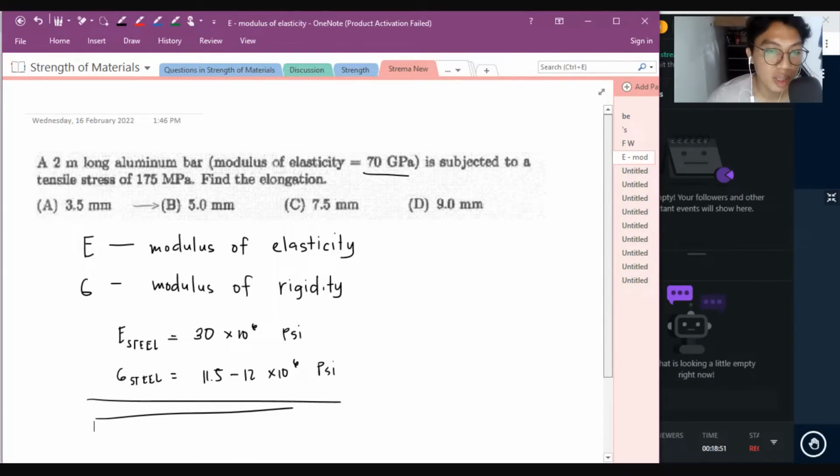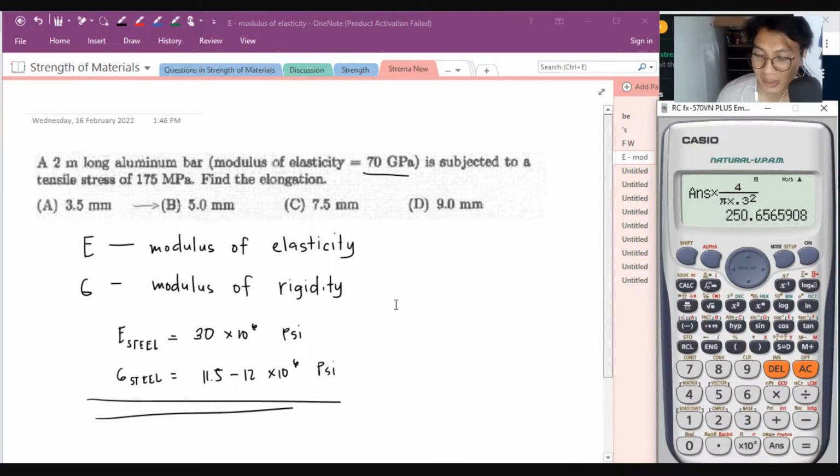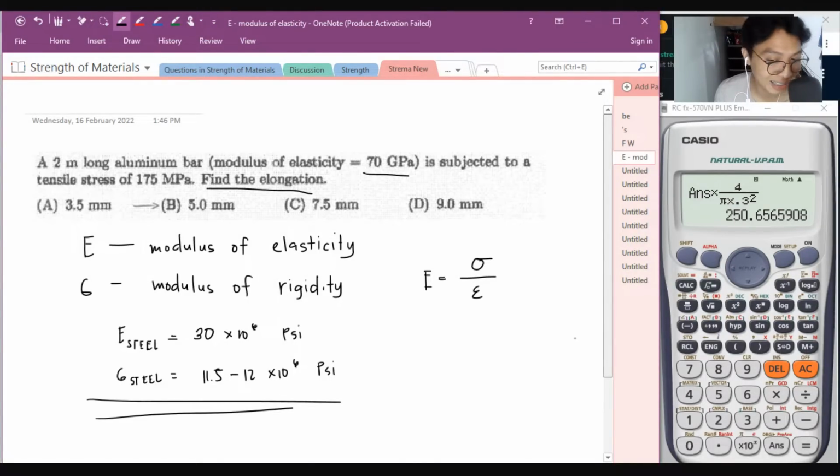Now, sabi dito, it is subjected to a tensile stress of 175 MPa. Tensile stress. Okay? Now, anong hinahanap dito? Find the elongation. By formula, elongation, yung paghaba niya, is the ratio of the stress over strain. This is the stress.